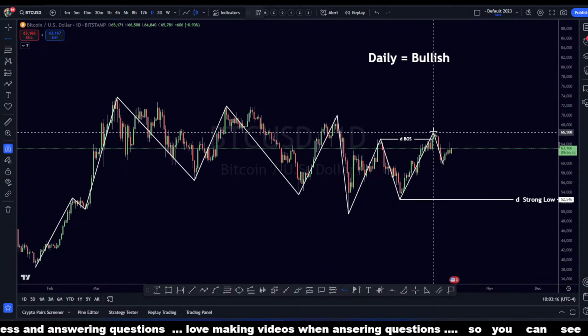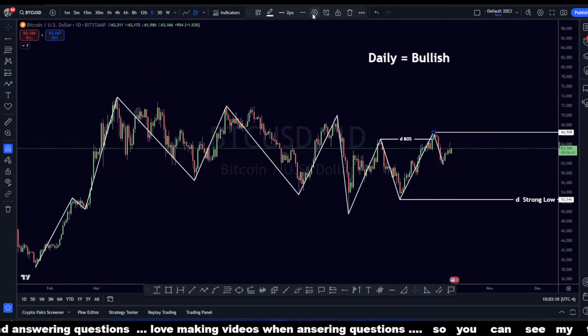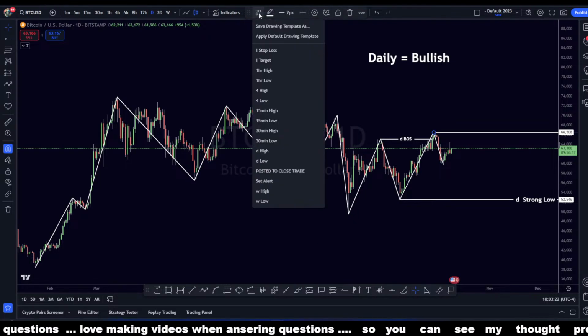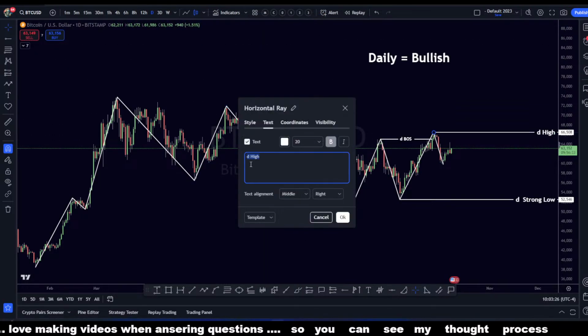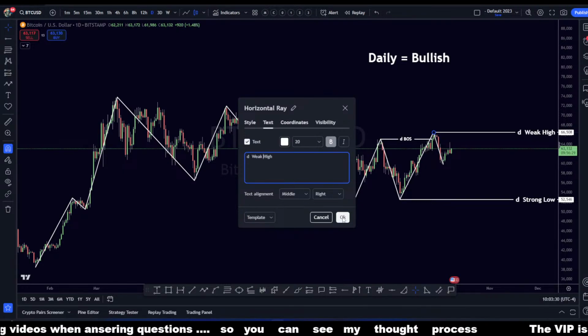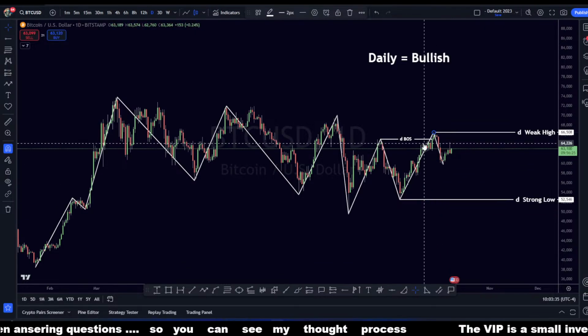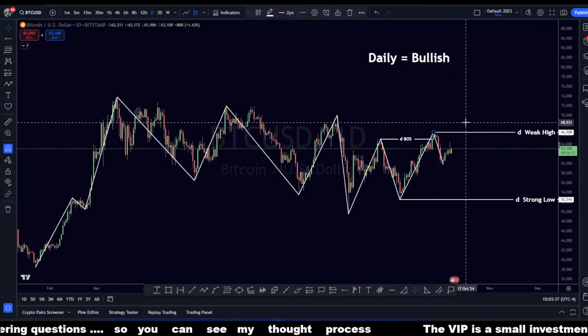Now, as far as our high goes, this would be the high for this structure. So let's go ahead and go to this. Go ahead and do this daily high. And then this would be our weak high. So we have the potential for the price action to break above this.